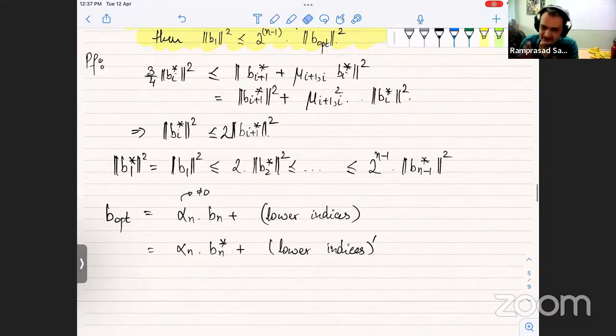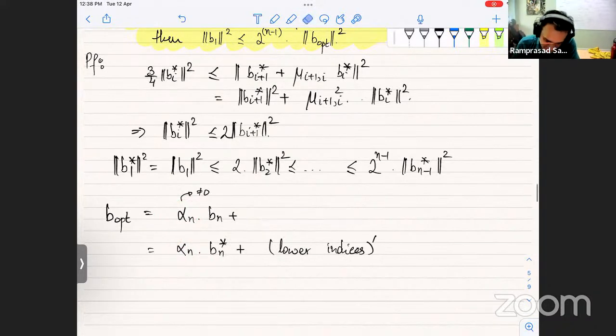I claim this is still going to be equal to alpha n. That coefficient would not change. Why is that? Notice b_n is equal to b_n star plus a bunch of lower order terms. That is, the diagonal term is equal to 1. So when I write b_n in terms of b_n stars, I will get one contribution of b_n star plus a whole bunch of lower order terms. So most importantly, this coefficient would not have changed.